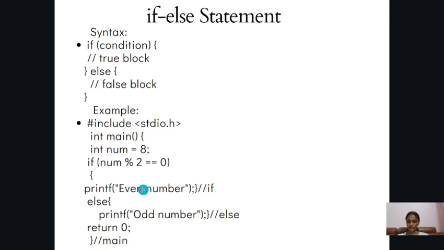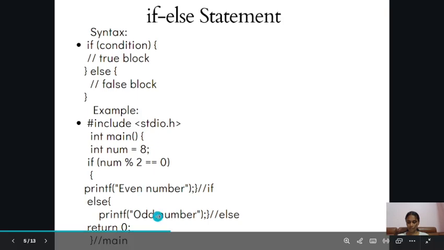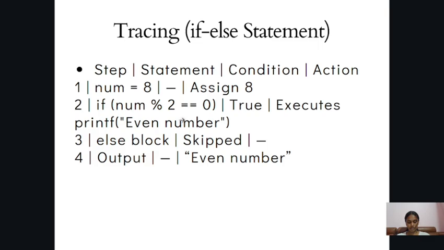If the condition is false, then the else statement will execute. As you can see, the condition is true, so the else block is skipped and the if block is executed. So the output is even number.